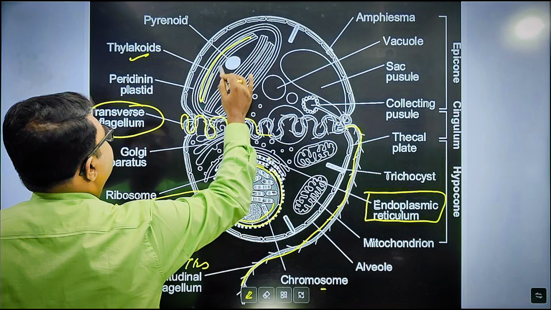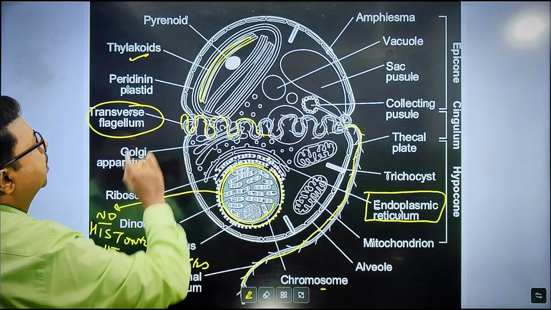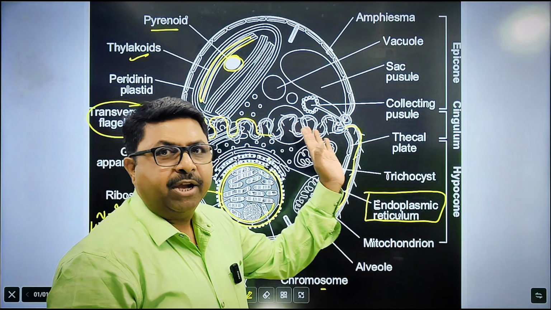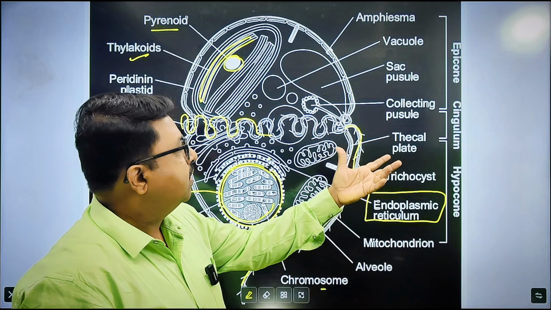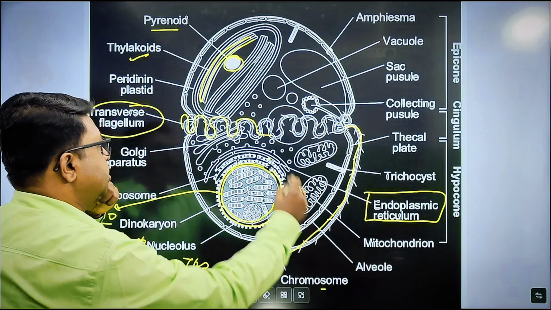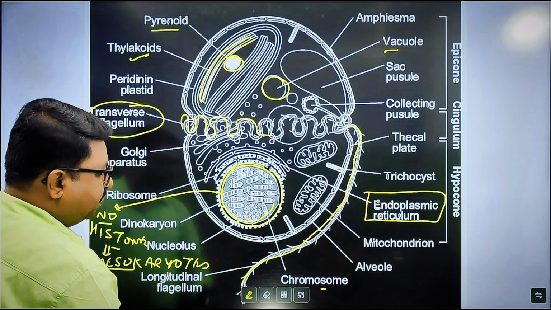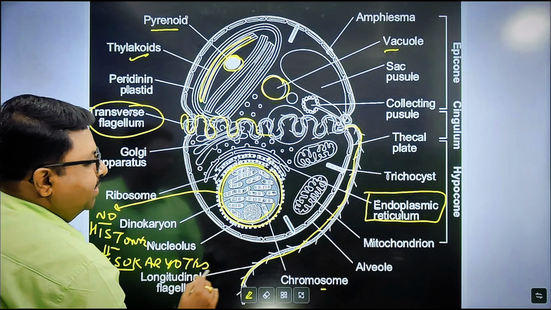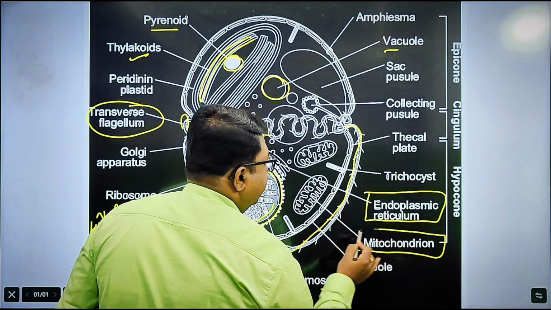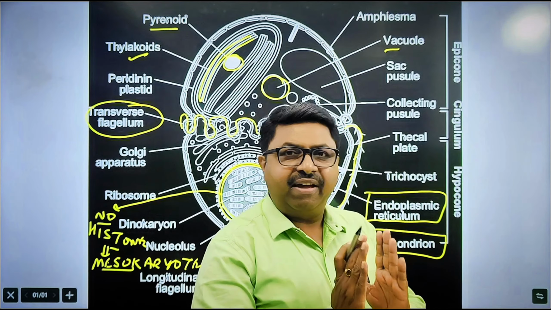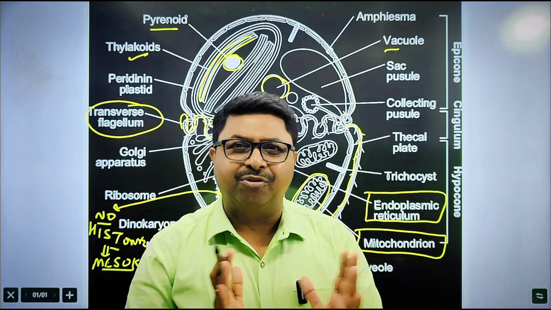By the help of thylakoids they can make food, and they have got some stored food in the form of pycnoids. और यही pycnoid को हम बाद में starch कहते हैं. They have got vacuoles, and also they have got huge amount of mitochondria. So this is a very very important structure of dinoflagellates.